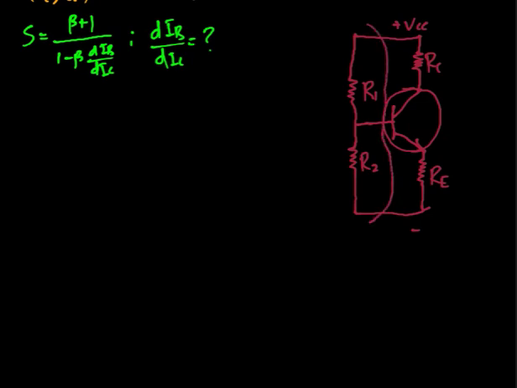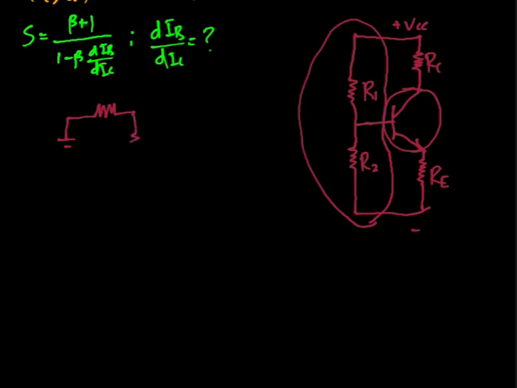They form the voltage divider or potential divider arrangement for this circuit. Here the negative part is connected, and here is the plus VCC. So this is the circuit.